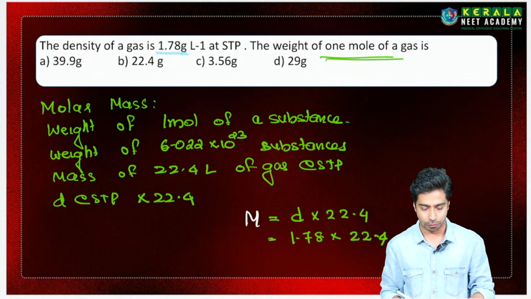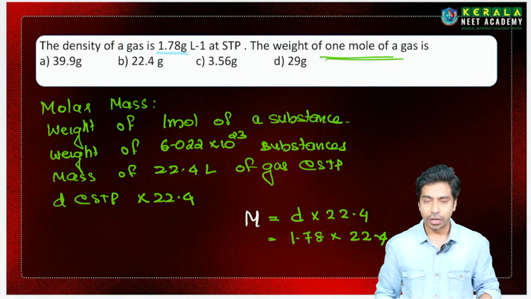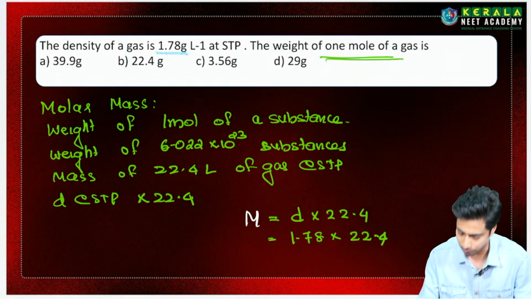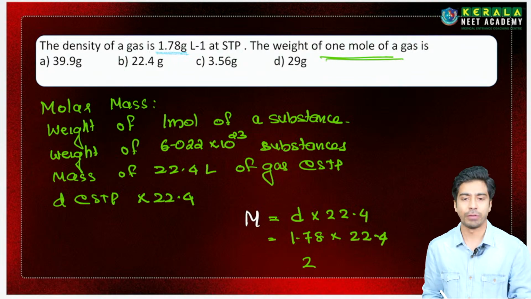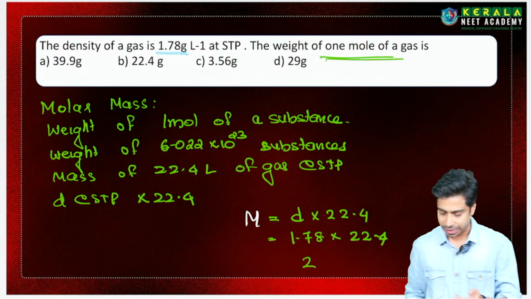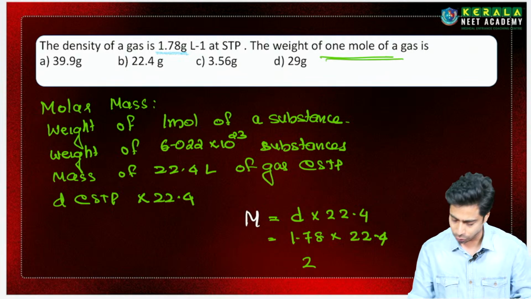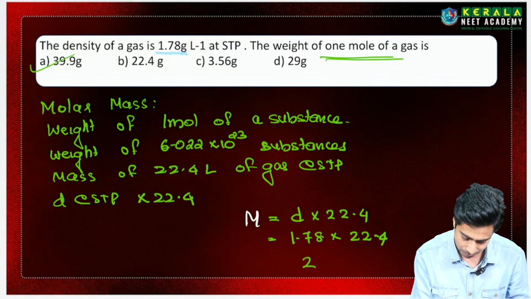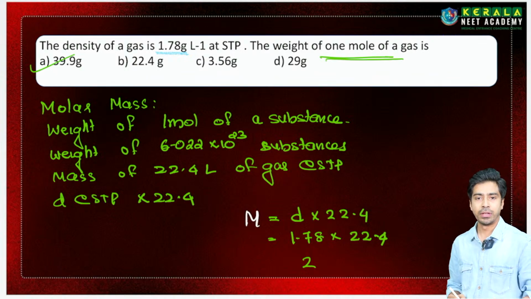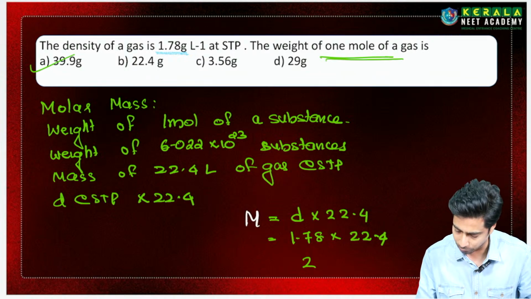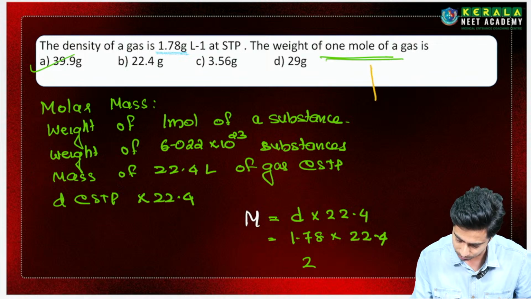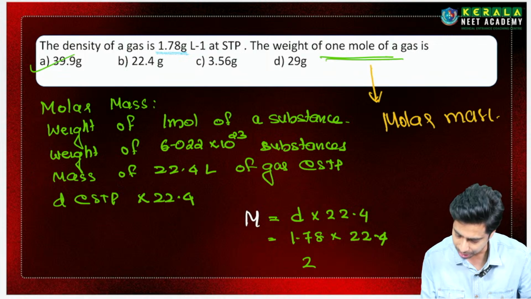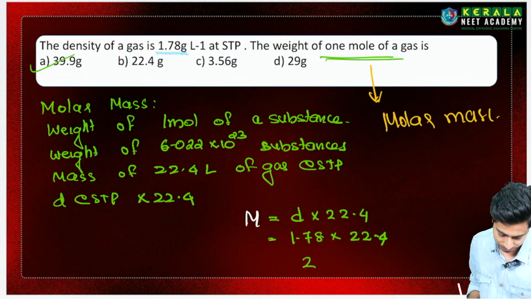We know that 22.4 into 2 is 44.8, so your answer will be less than 44.8. So the first option will be the answer: 39.9 gram. The weight of 1 mole of a gas is called molar mass. So actually we are calculating the molecular mass or molar mass of the substance.